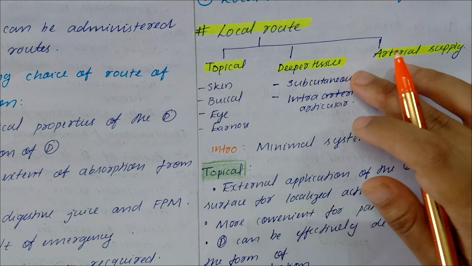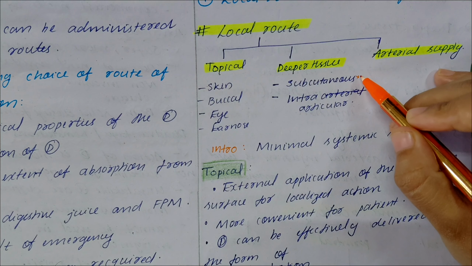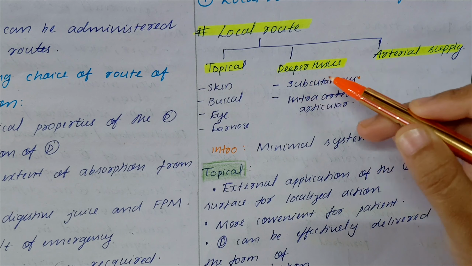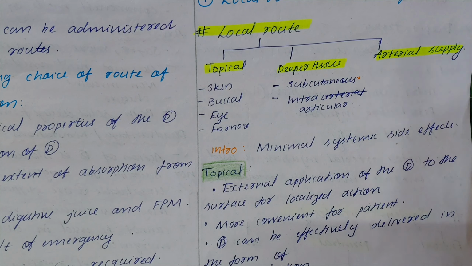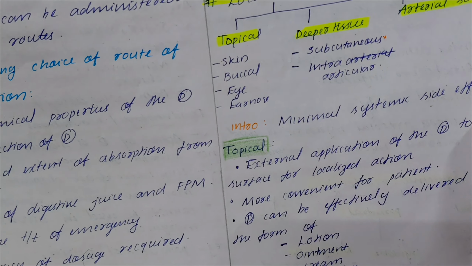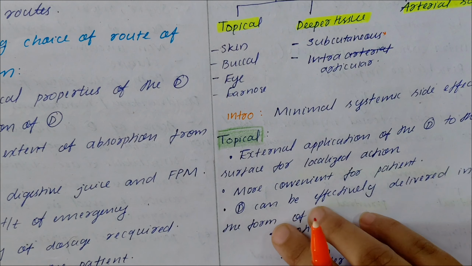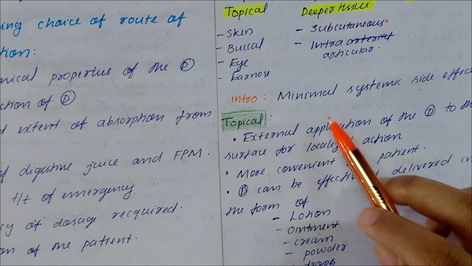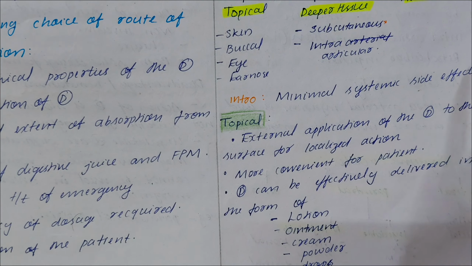Deeper tissue, subcutaneous, if you want you can write, it also comes under the systemic route. Most you can write intra-articular injections, and arterial supply. Okay. Now let's get into a little more detail of each of the subheadings we have just discussed. And also local route has minimal systemic side effects.